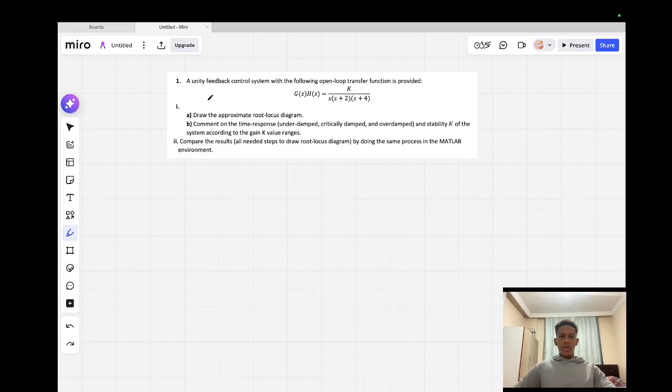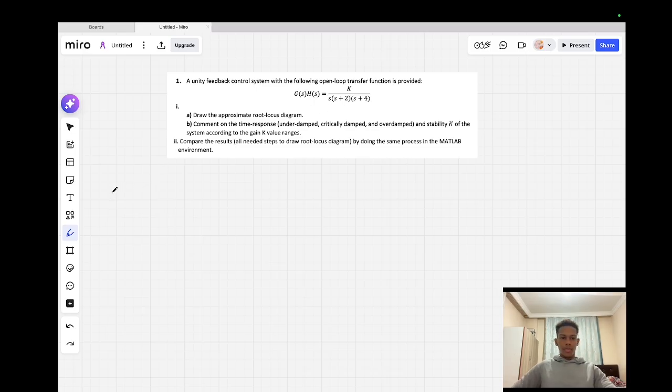A unity feedback control system with the following open loop transfer function: G(s)H(s) equals K over s multiplied by (s plus 2) multiplied by (s plus 4).